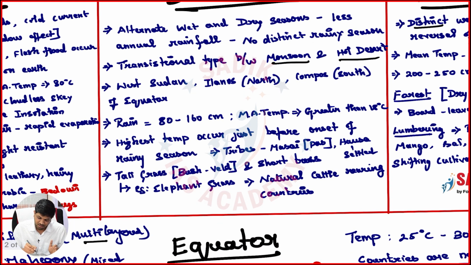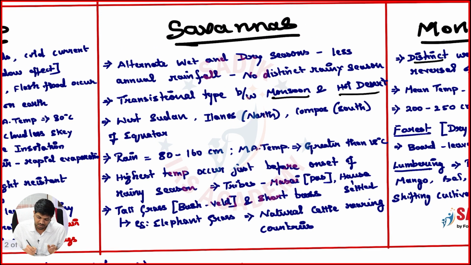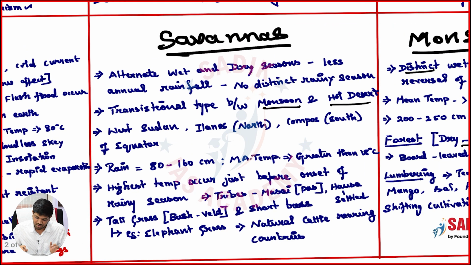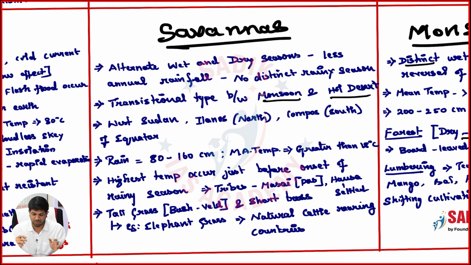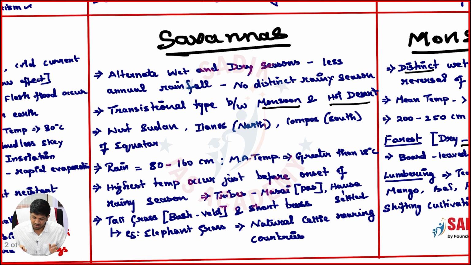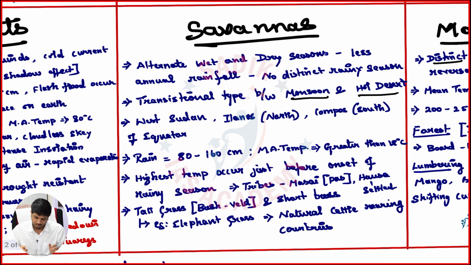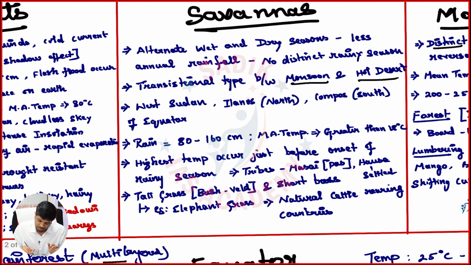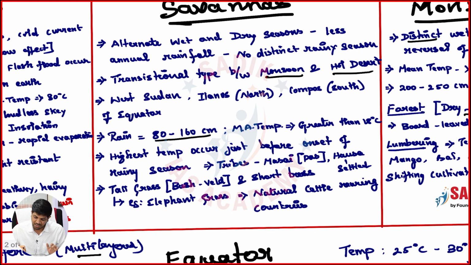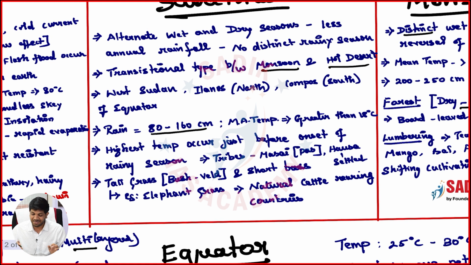Then these are the areas where the savannas are present. In the African continent, it is Western Sudan, and in the northern hemisphere it is called Llanos, and in the southern hemisphere it is called Pampas, okay. The rains are about 80 to 160 centimeter, and the mean annual temperature is greater than 18 degrees Celsius because of the continentality only, friends.